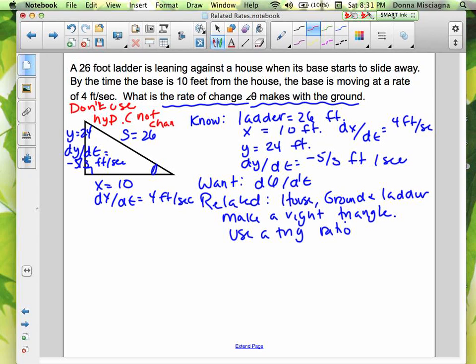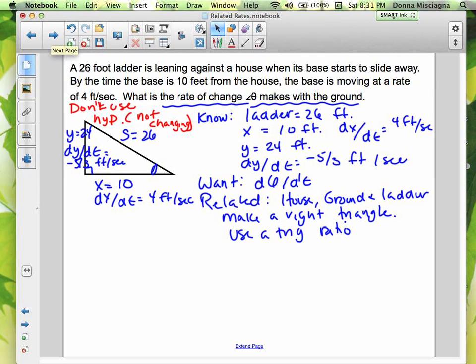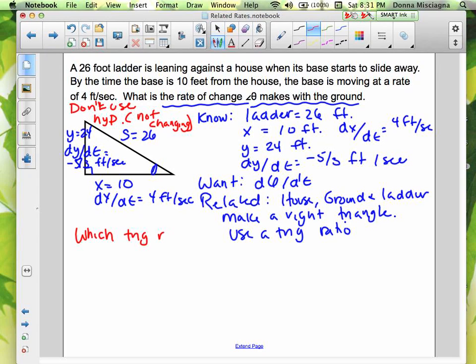Sometimes we'll use the hypotenuse in a problem involving a right triangle, just not this one, because we have one value that stays the same all the time. All right, so which trig ratios? Do not use the hypotenuse. That would be tangent and cotangent.